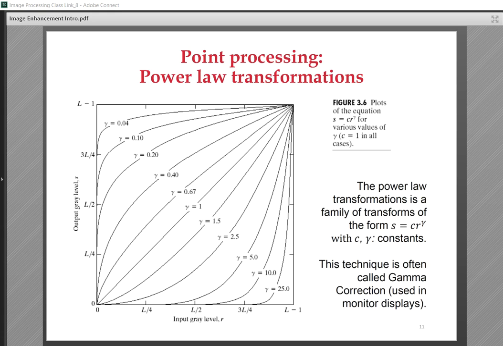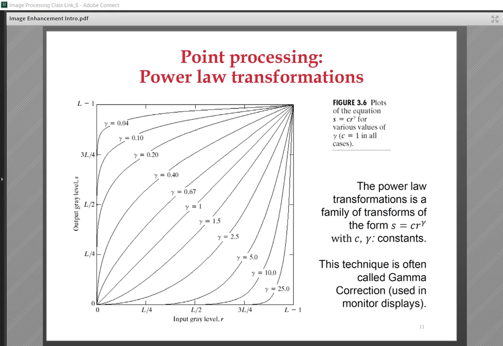You almost always use these in your display, gamma correction, or for example in Photoshop, in Corel. You mostly use gamma correction. In this figure, you see this is the R and this is the S, the gray levels.